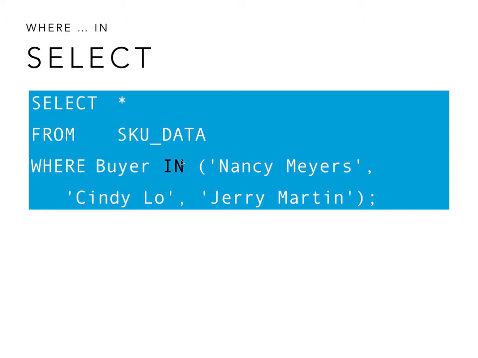So we say where the buyer is in this list, and it's a list of items that are strings, so they have to be in single quotes. You could do the same thing by saying buyer's name equals Nancy Myers, or buyer equals Cindy Lou, or buyer name equals Jerry Martin. You follow me? You could break this out into a bunch of ors. This is more concise, especially as that list gets longer.